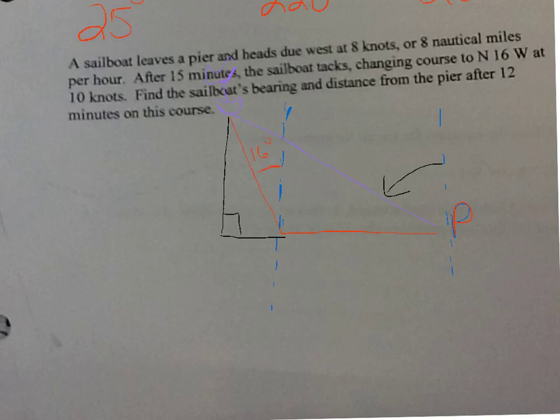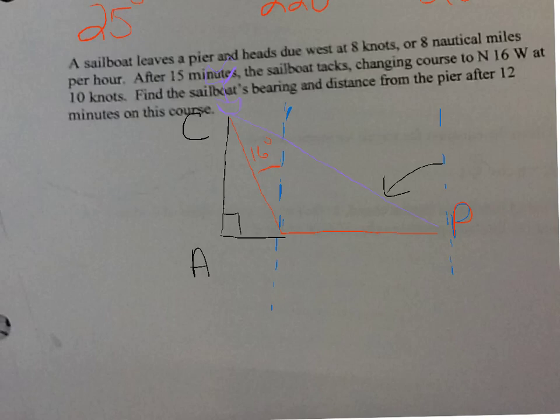If this is P, I'm going to let this be A, and this, we'll just call C. Now, we've got to figure out what the distance is from P to the end of the red line, where he changed course. It tells us that he was going 8 nautical miles per hour and he went 15 minutes. So how far did he go?